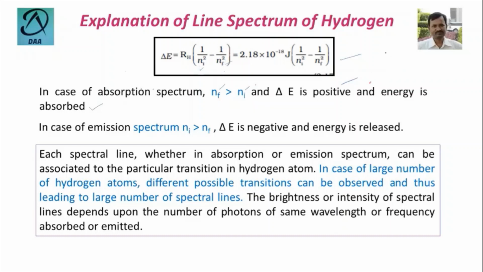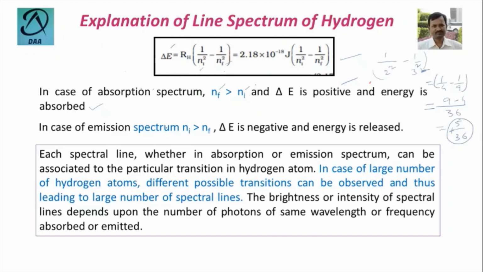Suppose, for example, 1 by 2 square minus 1 by 3 square. This is 1 by 4 minus 1 by 9, which is 9 minus 4 over 36, that means 5 by 36. This is a positive value, so in this case the energy will also be positive.